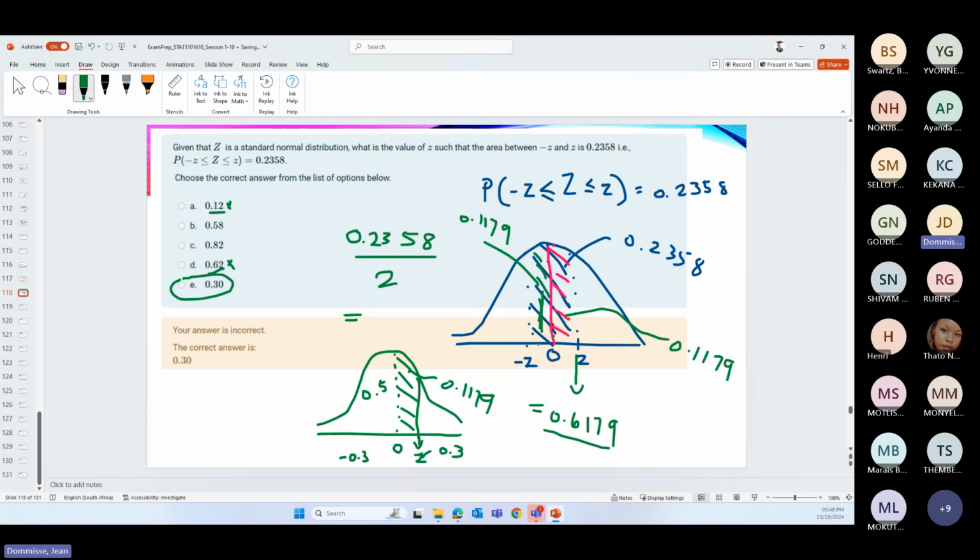So basically divide by 2 to get this small piece that we added on, add that to the 0.5 to get us to 0.6179. That we then go to the positive table to get our Z value that we need.